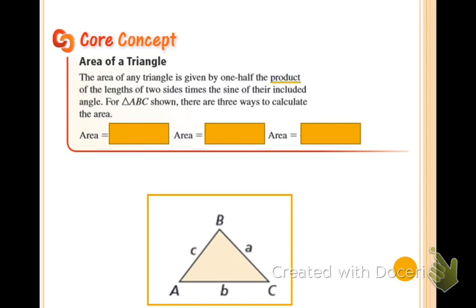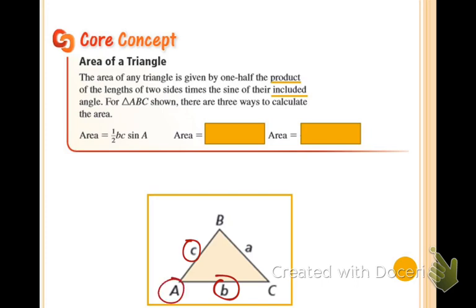Okay? So one of the area formulas is 1/2 bc sine A. What do b and c stand for? b stands for something off this picture. Side b, yeah. All right, and then c represents side c. And then sine of capital A. What does capital A represent?